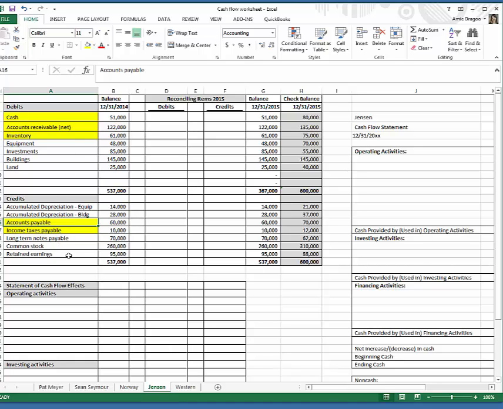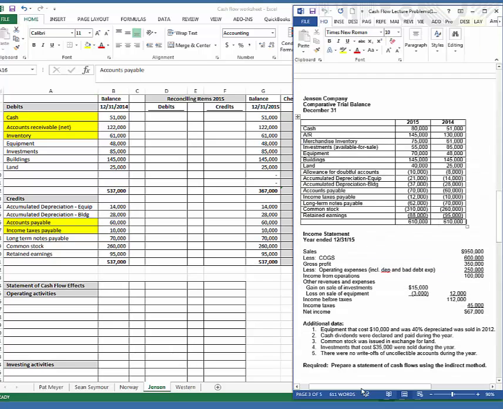Then we can look for anything in the problem that is not a non-cash item and doesn't have both inflows and outflows. So we'll hold off on common stock and land because that's a non-cash exchange. Common stock was issued and exchanged for land. We'll hold off on equipment and investments for now because those both had sales.